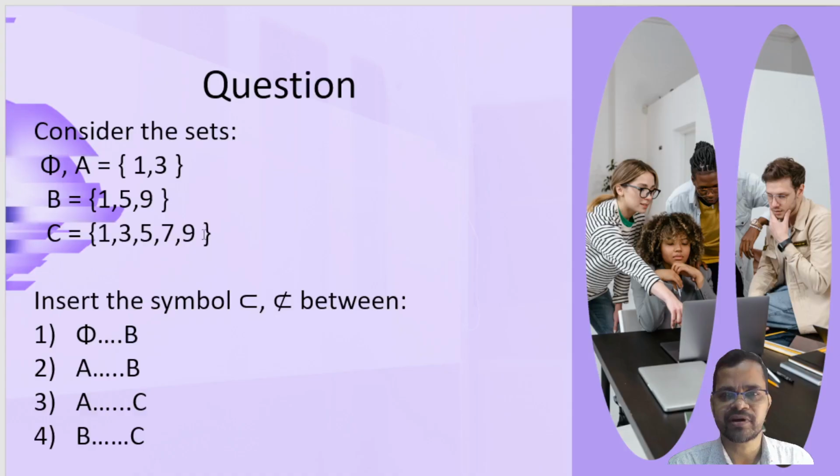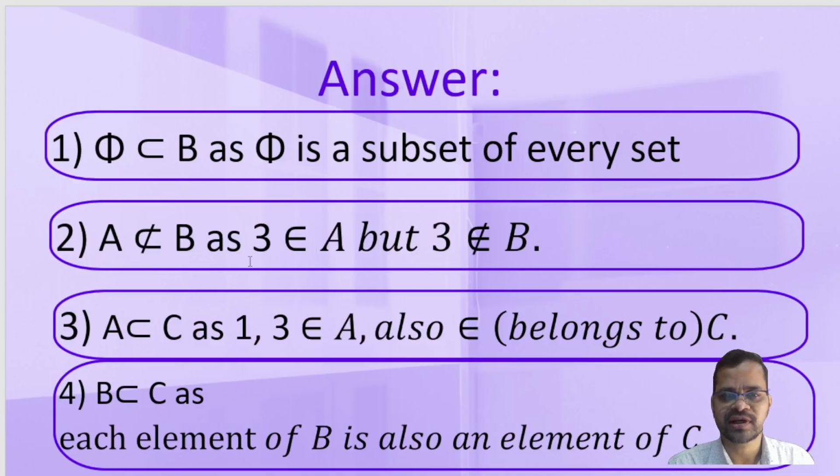Then it becomes a subset. Hopefully you have understood the concept well, and these are the type of questions which usually come as multiple choice in your class exams. But these concepts are very fundamental to understanding the higher level concepts of sets.